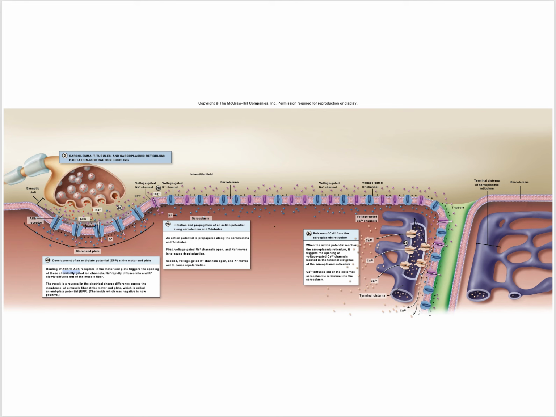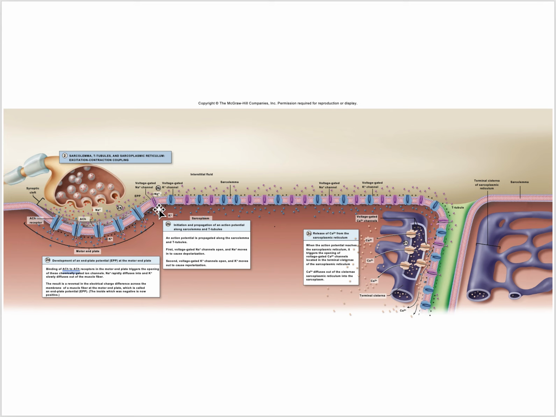Now that the acetylcholine receptors are open, sodium can influx into the skeletal muscle cell, causing an end plate potential, so a local depolarization. If that depolarization is great enough, we will get opening of voltage-gated sodium channels.